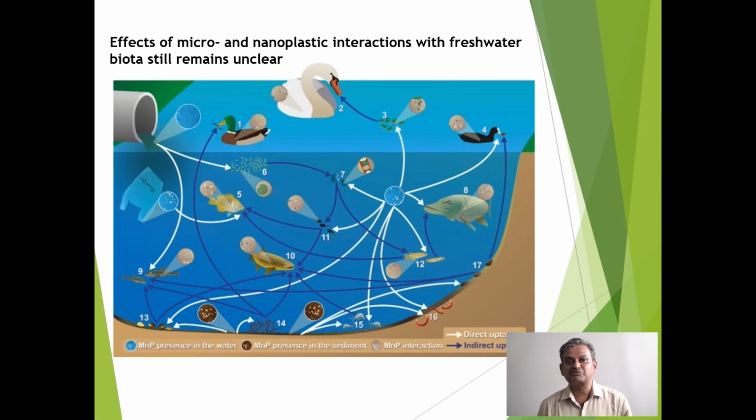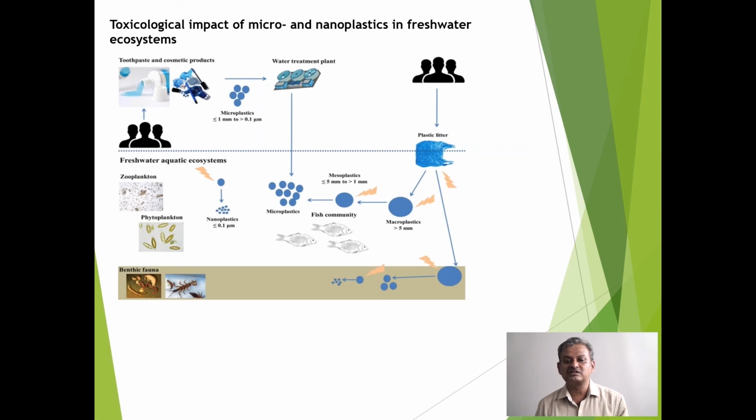Globally, the presence of micro and nanoplastics is frequently detected in aquatic organisms. Despite being well studied among marine fishes, their roles and their significance in freshwater fishes remain unclear. We need to understand the toxicological interactions of microplastics and nanoplastics in freshwater fishes, which affect their physiology and behavior, and further this will introduce them into the food chain.